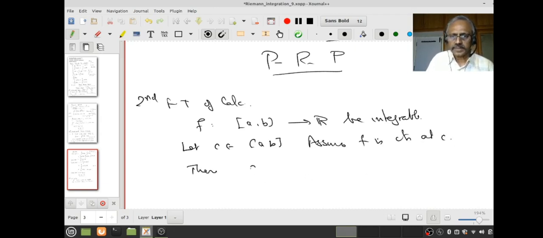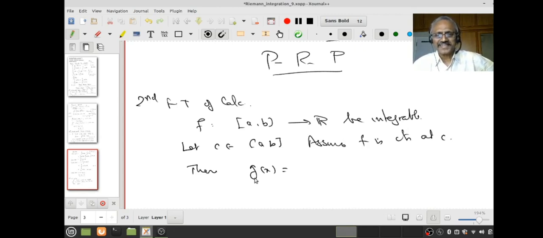Then the indefinite integral g(x), earlier what did we see? The indefinite integral becomes Lipschitz continuous, right? Now you already start with some kind of continuity. Let's assume that f is continuous on all of [a, b]. Then when I feed it to the integrator, a much better behaved function should come. So what do you think it should be?